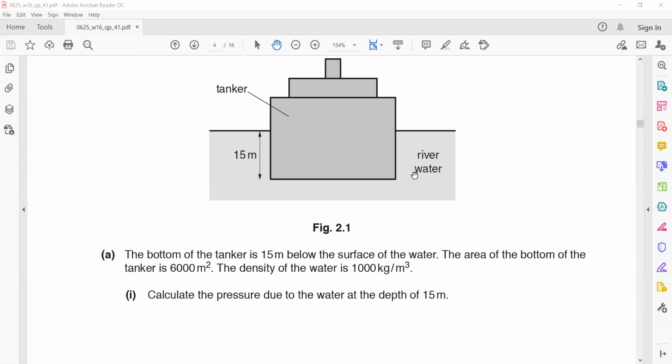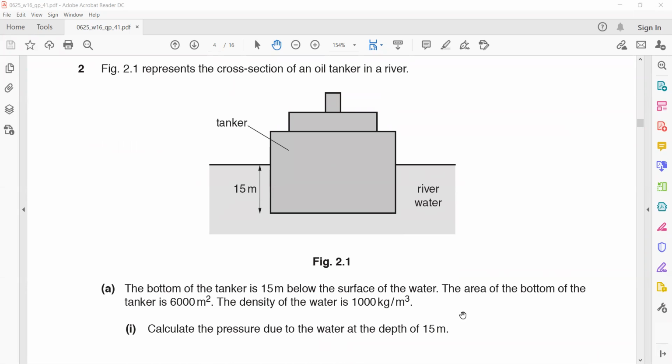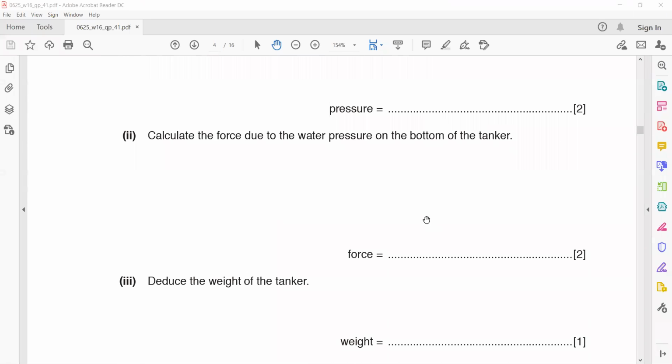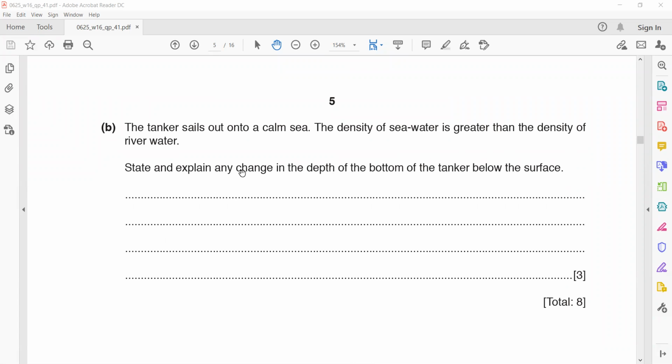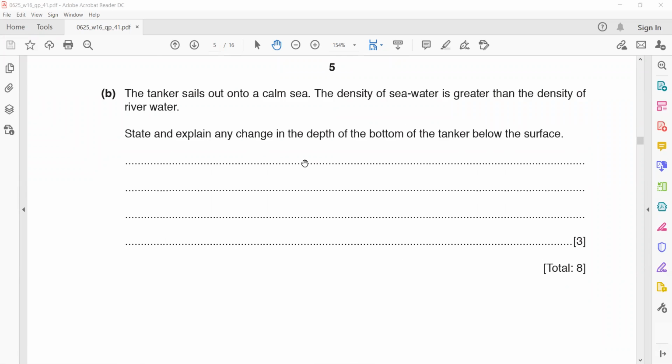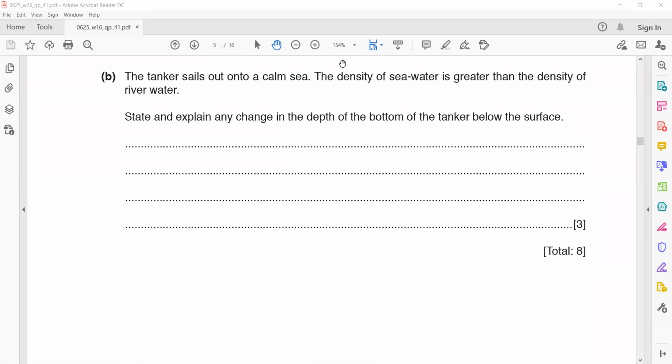Question number 2. Is there any doubt in question 2? Question 2, part B. The tanker sails out onto a calm sea. The density of the sea water is greater than the density of the river water. State and explain any change in the depth of the bottom of the tanker below the surface.